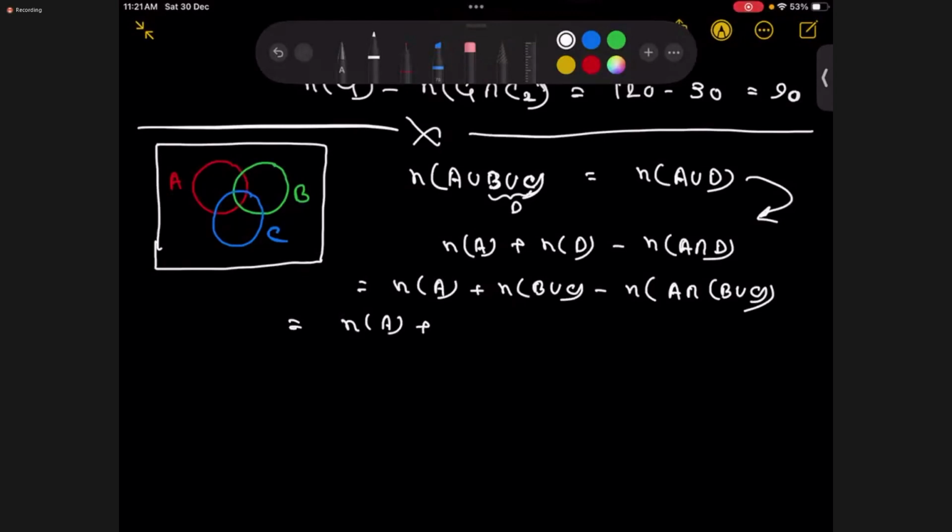So what will be this thing? This thing will be N of B plus N of C minus N of B intersection C. And what is this thing? This thing will be equal to N of A intersection B union A intersection C.